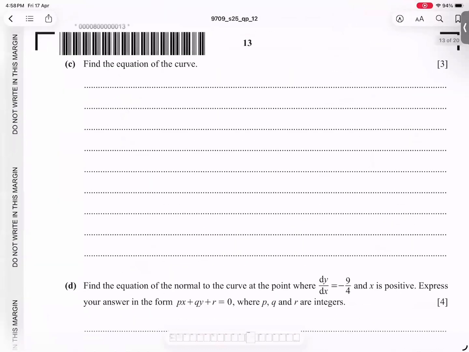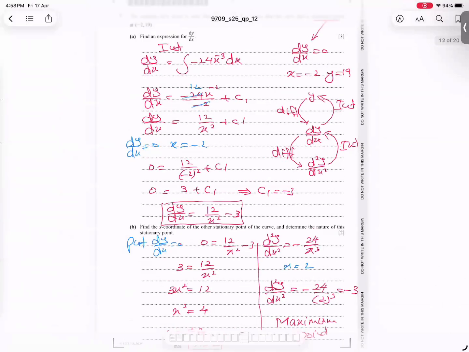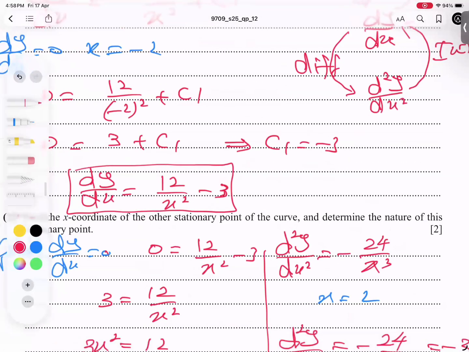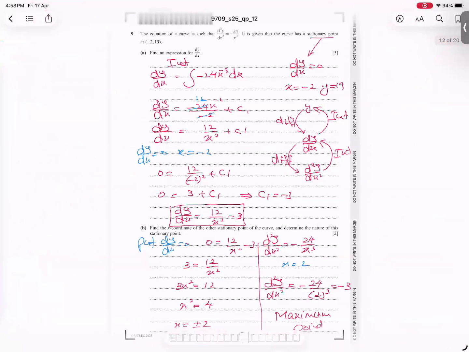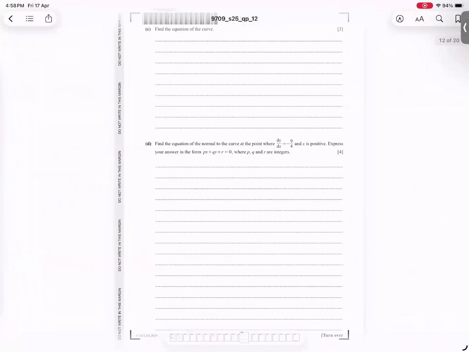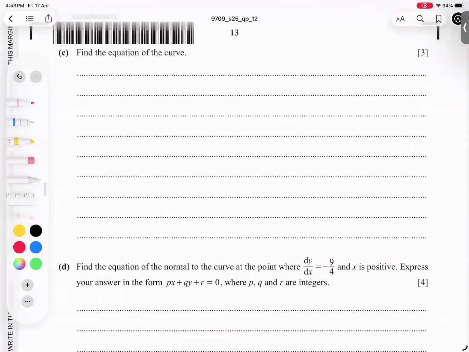So we have to take this equation because the equation of the curve is important. I will take this equation, and I need points as well. The point is x is negative 2 and y is 19.